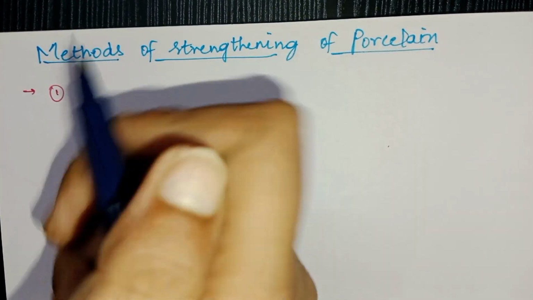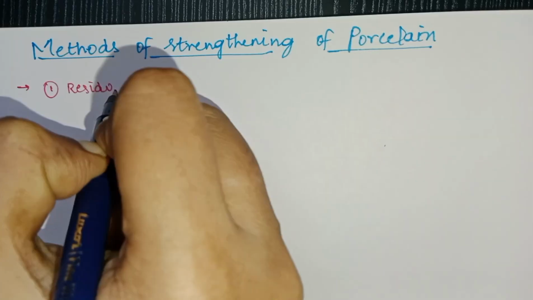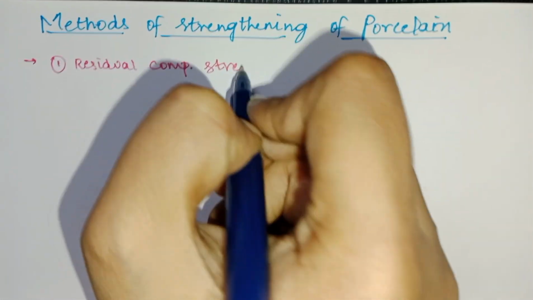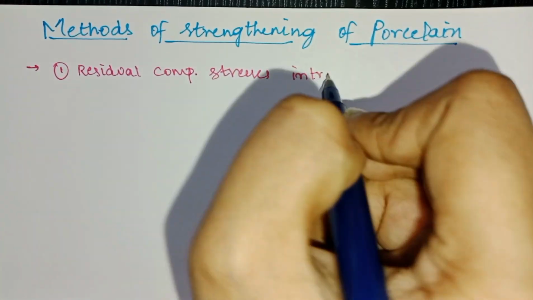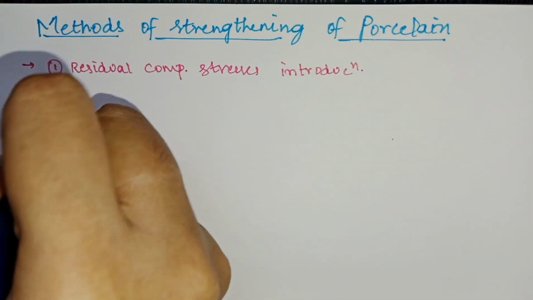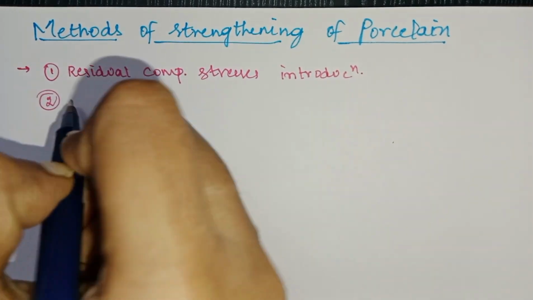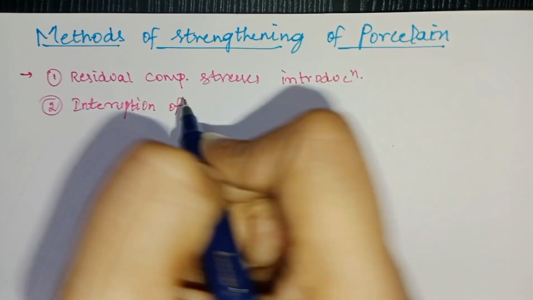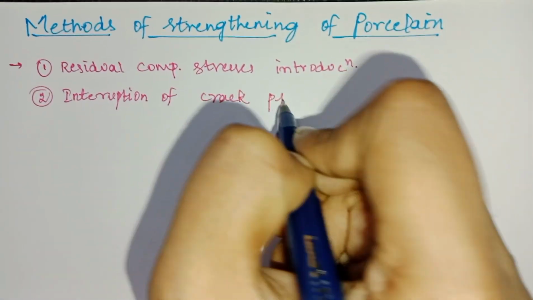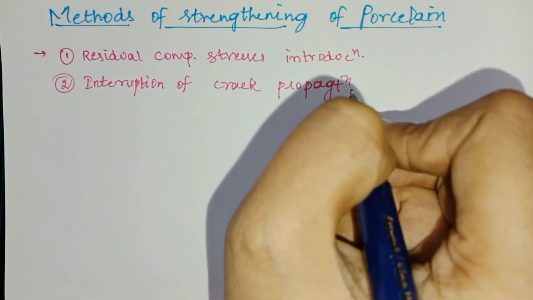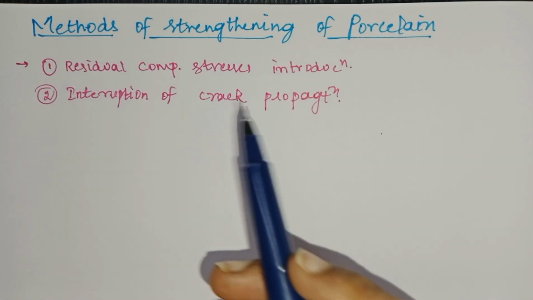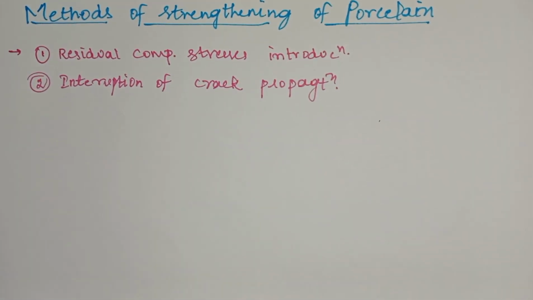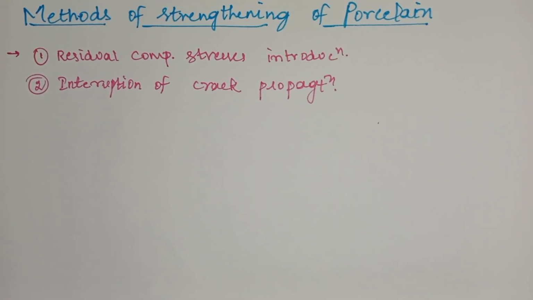First is introduction of residual compressive stresses into the surface of the material. The other one is interruption of crack propagation through the material. Methods of strengthening of porcelain are done by two methods: residual compressive stresses introduction and interruption of crack propagation. Let us discuss these one by one.